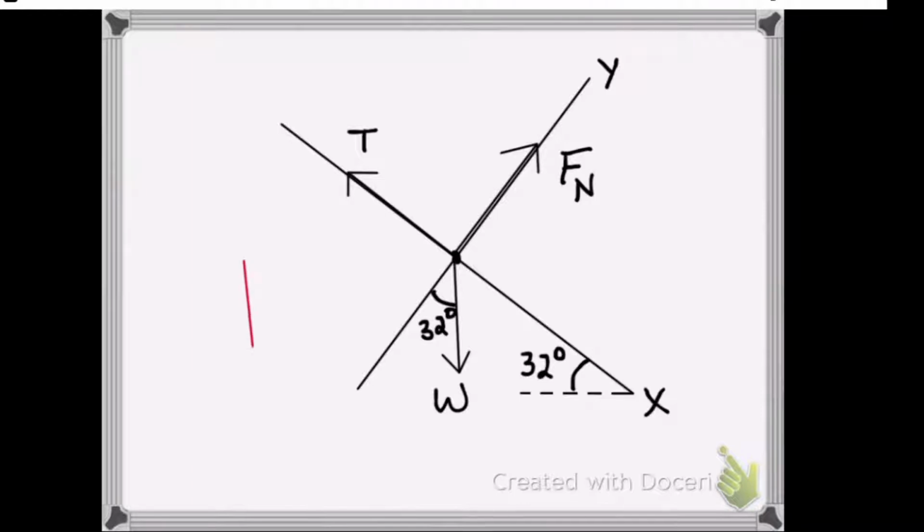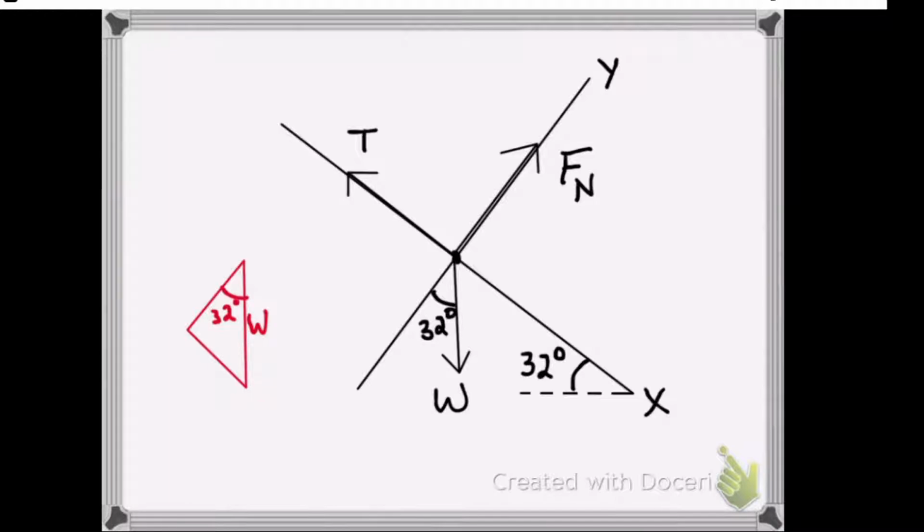So the weight vector is going down vertically like this, but it is made up of two components that look like this. So here we have the weight vector, and this is the 32-degree angle. I'm kind of running out of room here, but that's 32 degrees.